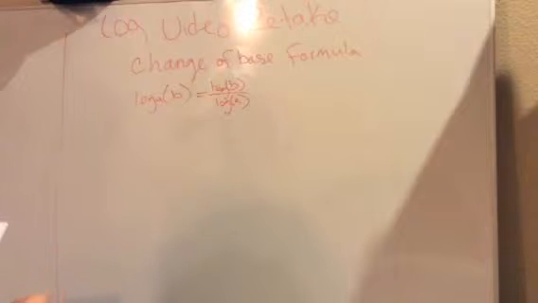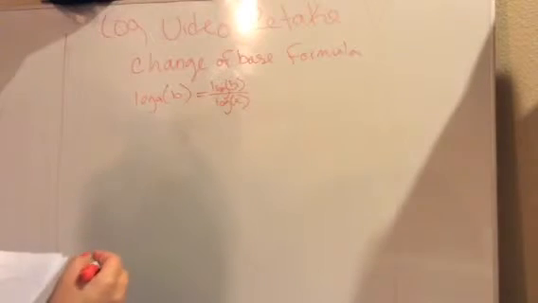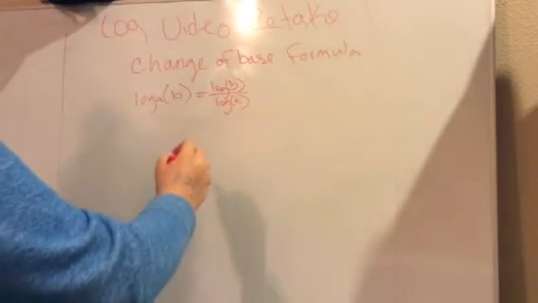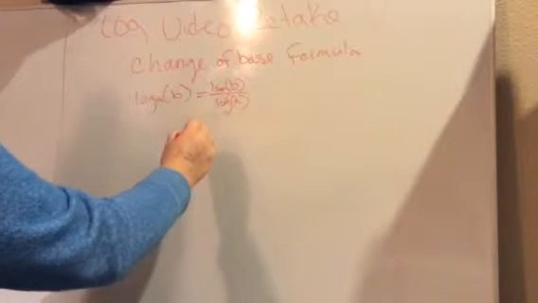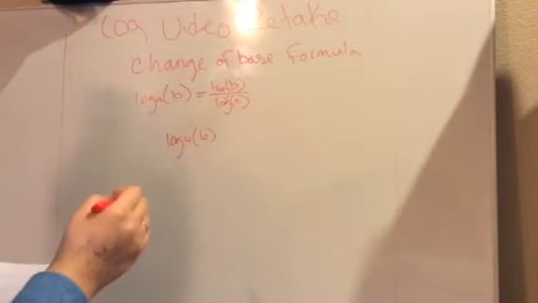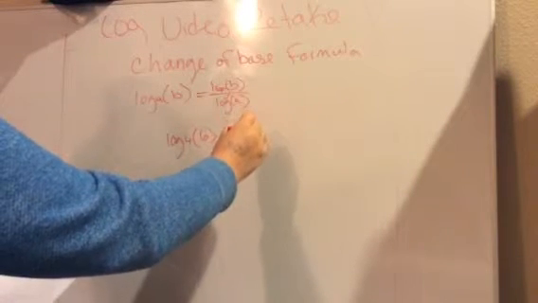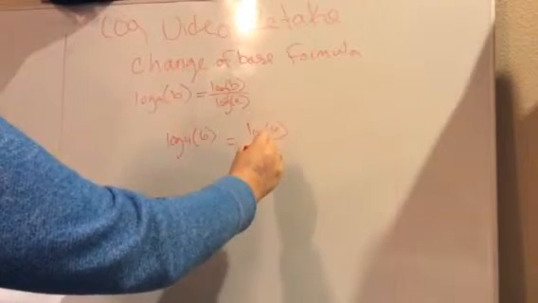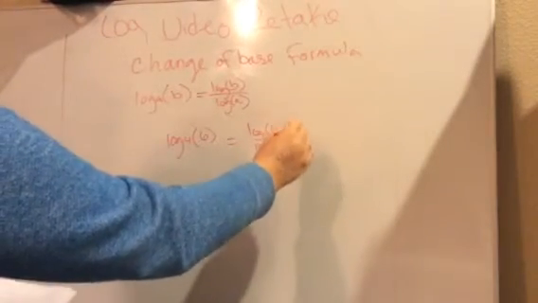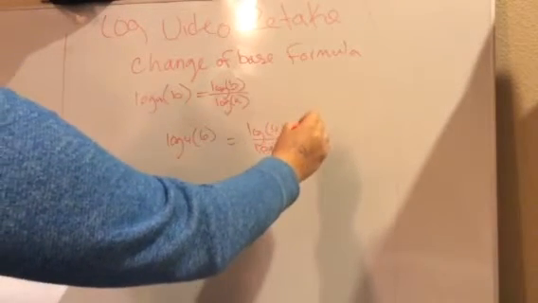So this applies to a lot of the equations that we do. An example would be log base 4 of 6, and then you would make that into log 6 over log 4, and you would solve for that using a calculator, and that would be 1.29.